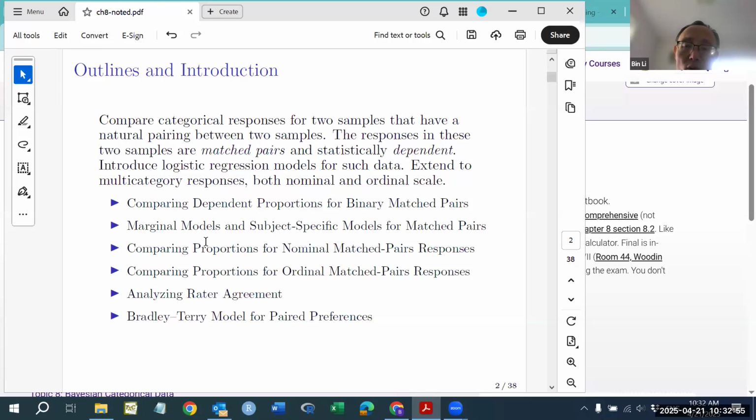The main benefit of matched pairs is very similar to the randomized block design.